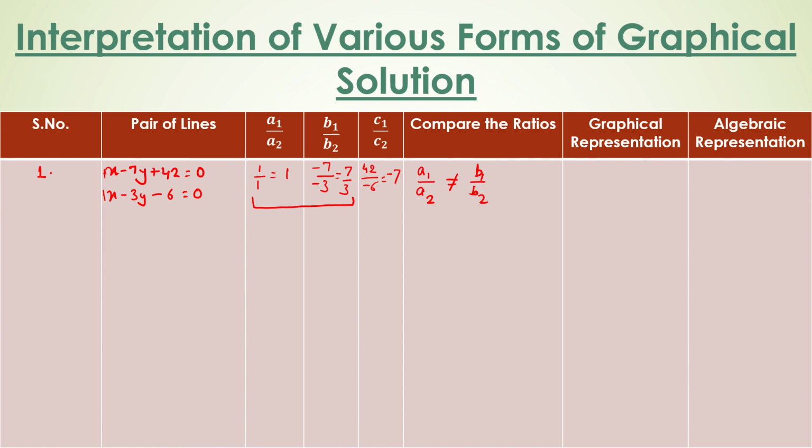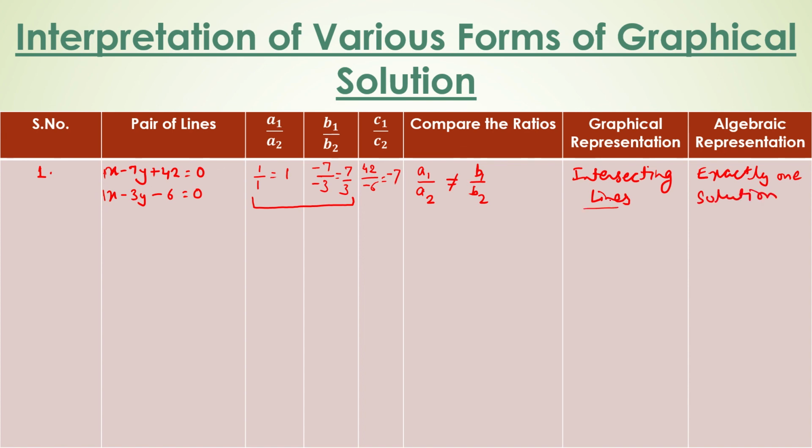Here, the graphical representation was intersecting lines. We observed that the lines were intersecting each other, and the algebraic interpretation was that they had only one solution, because they were intersecting each other at only one point, exactly one solution.